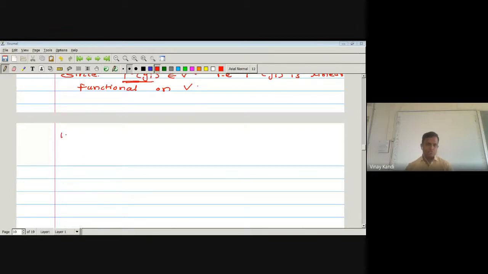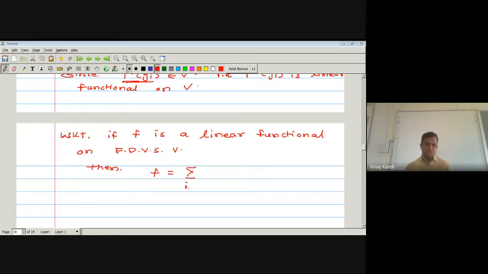Okay, so we know that in the last lectures we saw one theorem. If f is a linear functional on the finite dimensional vector space V, then we can write this functional f is equal to summation j running from 1 to n f of alpha j into fj.